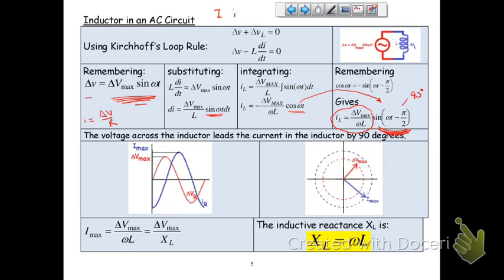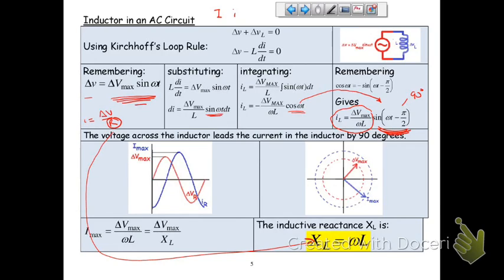So, you can say this omega L is behaving just like that resistance did there. It's an analogous mathematical circumstance.